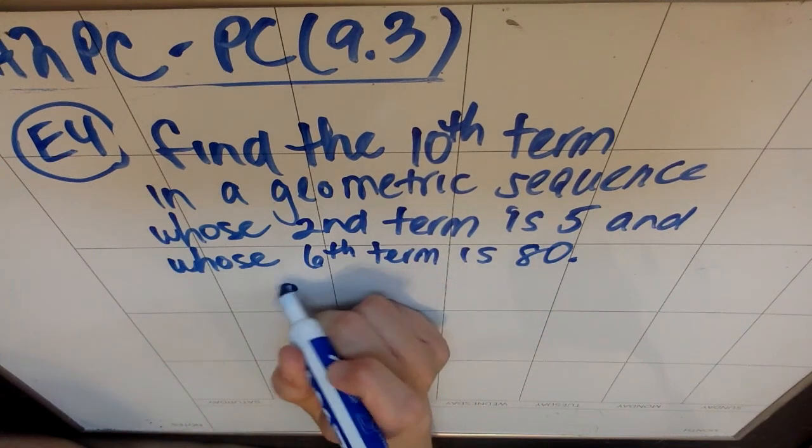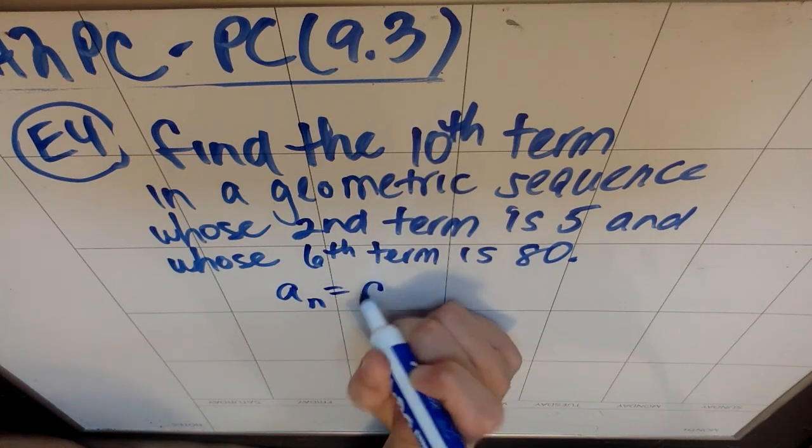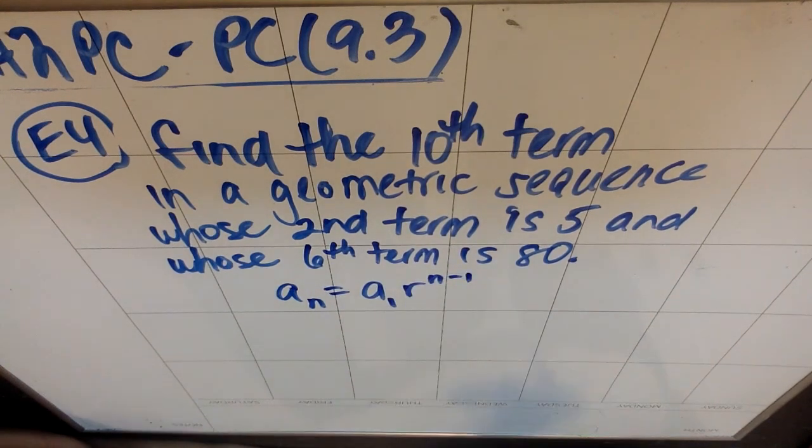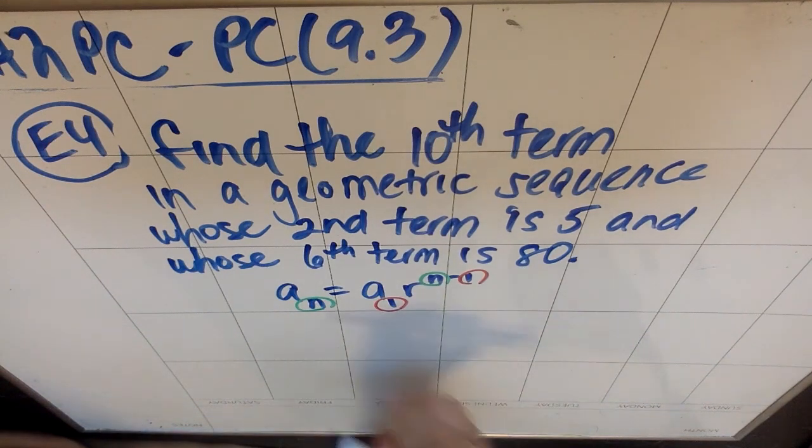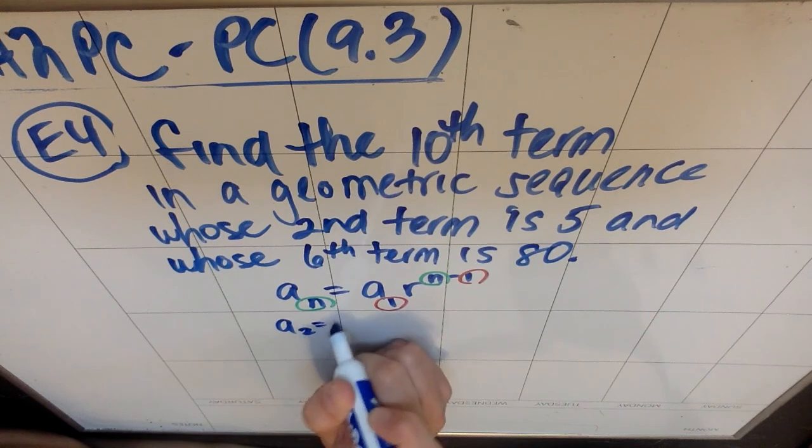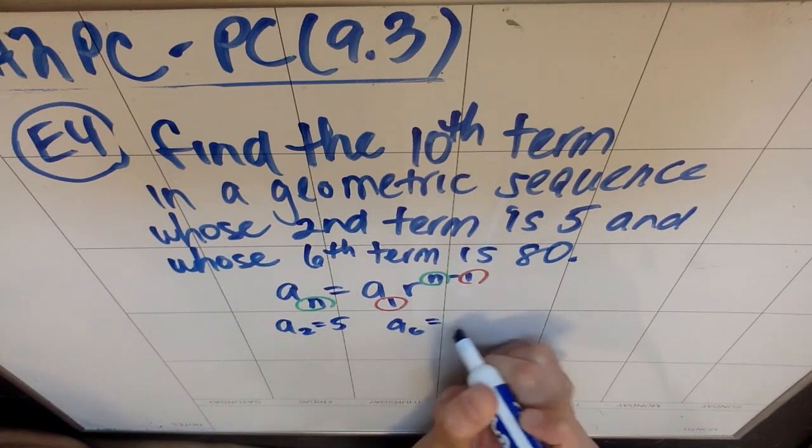You know how we saw that a sub n was a sub 1 times r to the n-1? Just like with arithmetic sequences, there's a reason it's an n-1. You could use this same trick: in this problem, you know a sub 2 is 5 and a sub 6 is 80.